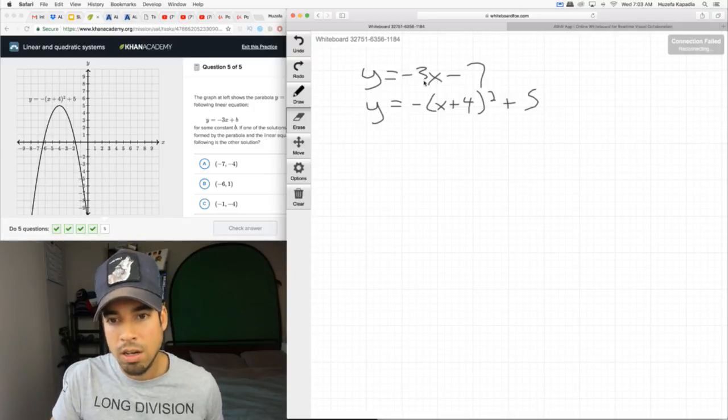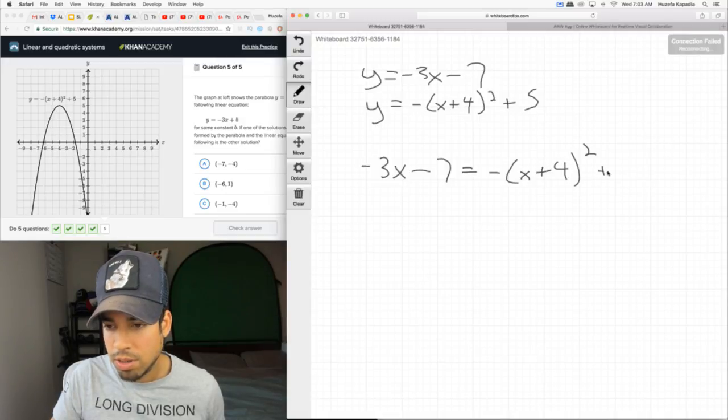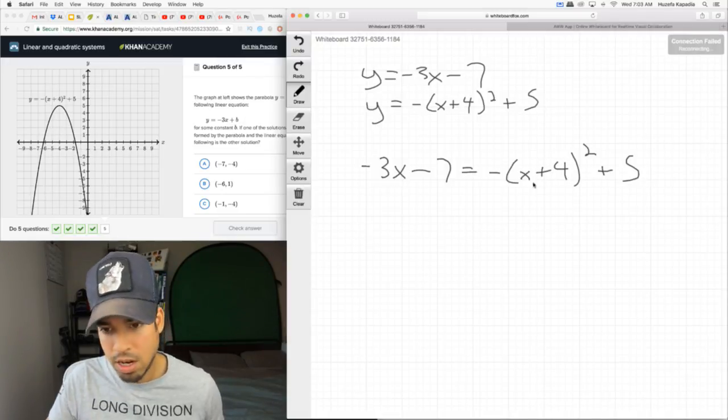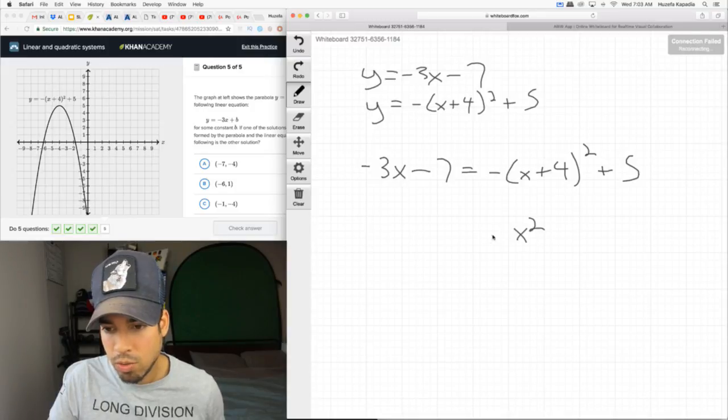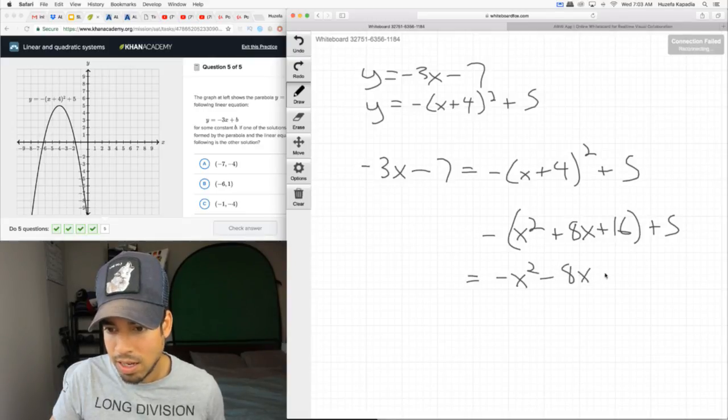You can do that. The algebraic way is we set these equal to each other. Negative 3x minus 7 equals negative (x plus 4) squared plus 5. So let's carry this out. This becomes negative x squared minus 8x minus 16 plus 5. I just distributed everything.